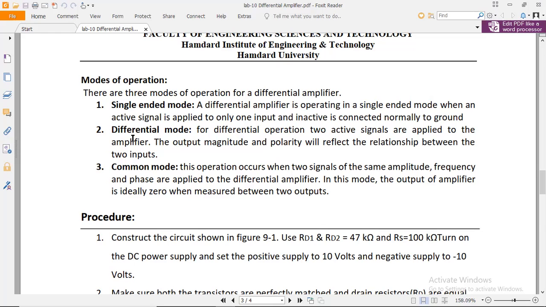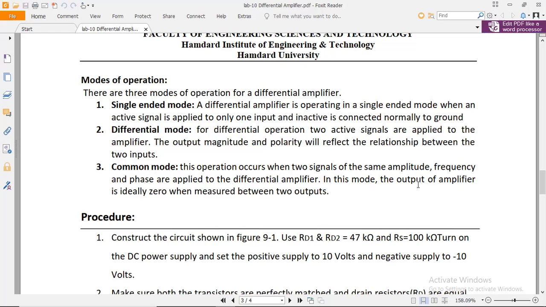This is the second way. Comes to the third, that is common mode. This operation occurs when two signals of the same amplitude, frequency and phase are applied to the differential amplifier.